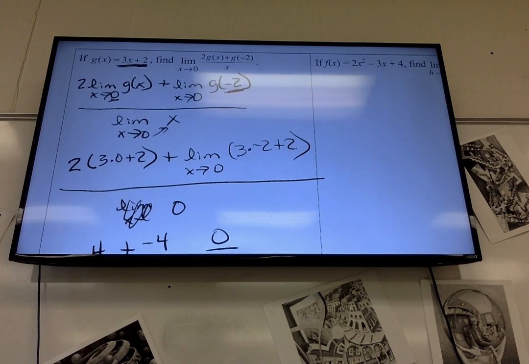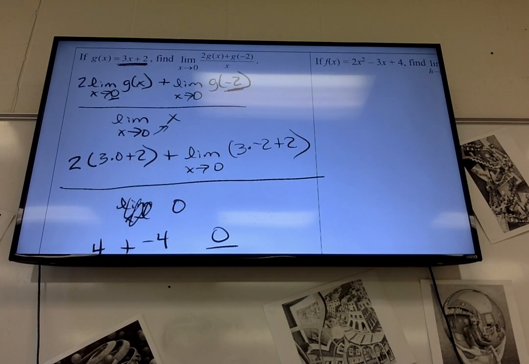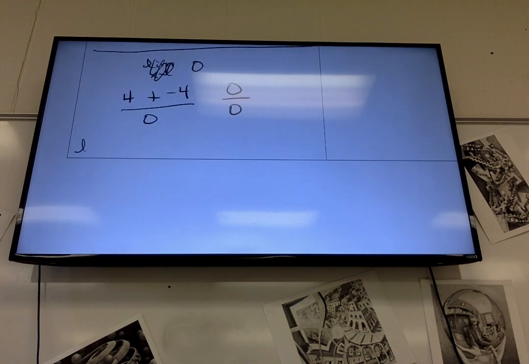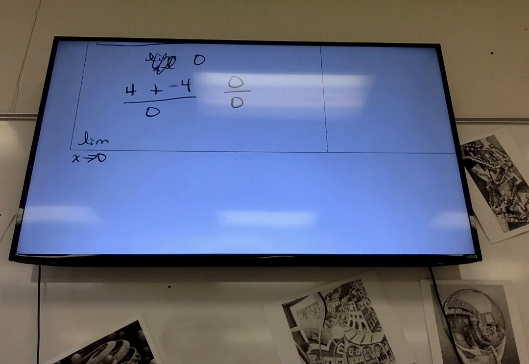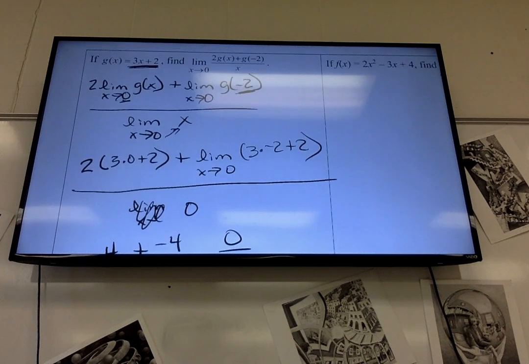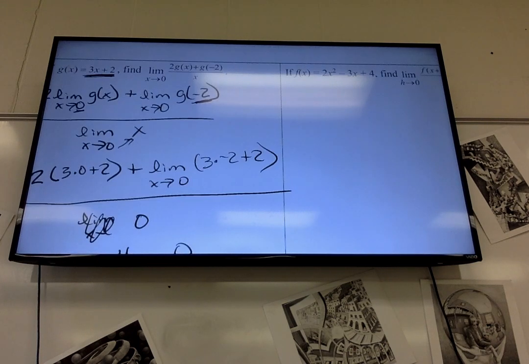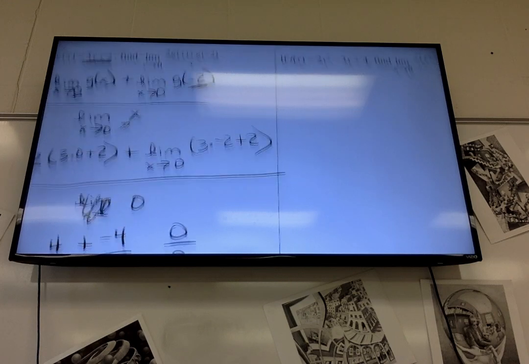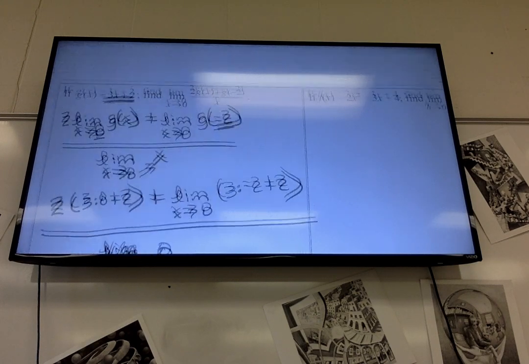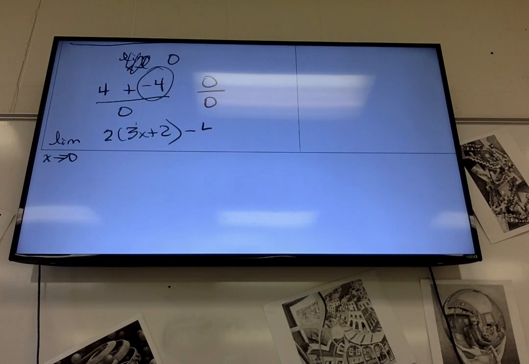Before I start plugging in the 0, we can replace g of x with 3x plus 2. So I have the limit as x approaches 0 of 2 times 3x plus 2, and then g of negative 2 we already found was negative 4, so I put minus 4, over x.